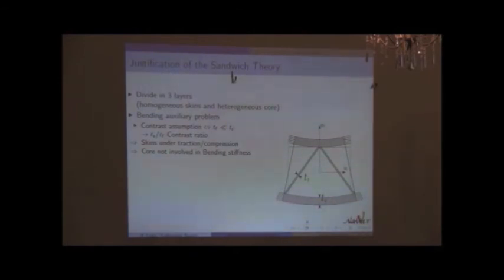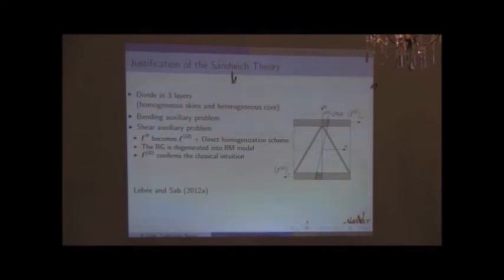Now what is interesting is that if you consider the shear auxiliary problem, the generalized shear force auxiliary problem, it turns out that exactly as with homogeneous plates, the bending gradient theory is turned into a Reissner-Mindlin plate theory.